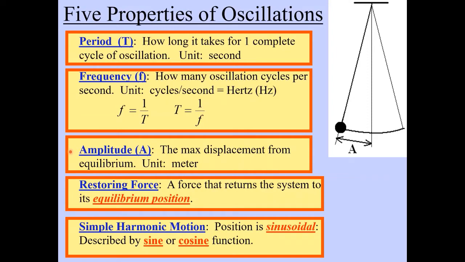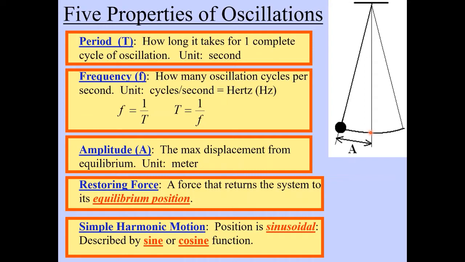The next property that all oscillations have is their amplitude. The amplitude of oscillation is the maximum displacement from equilibrium, and it's typically measured in meters. So what this means here is, let's go back to our pendulum here, which is swinging back and forth. Well, remember the equilibrium position of the pendulum is right here where I have my pointer, because this is where, when the pendulum is hanging straight down at rest, there's no net force on the pendulum.